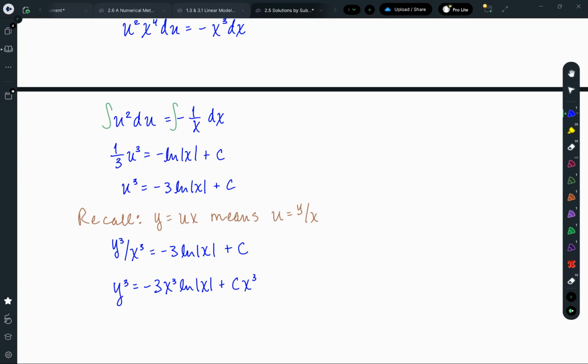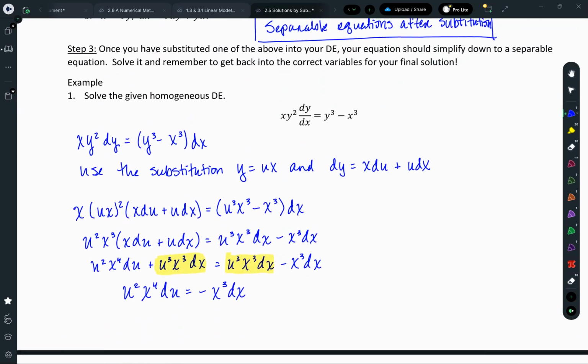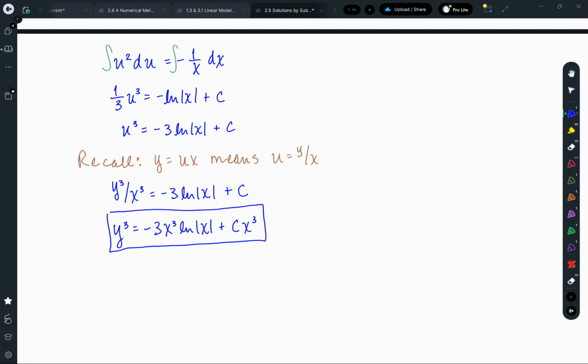The last thing that I could do is take the cube root of both sides. However, if I go back to the instructions, it just says solve. It doesn't say find an explicit solution. Okay, so that's really important. There was no request for an explicit solution, so I am going to call myself done right there. All right.